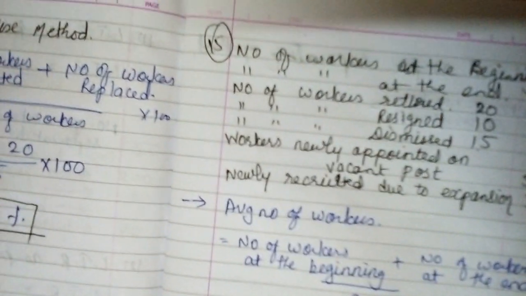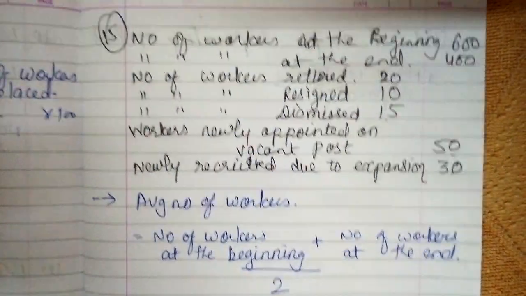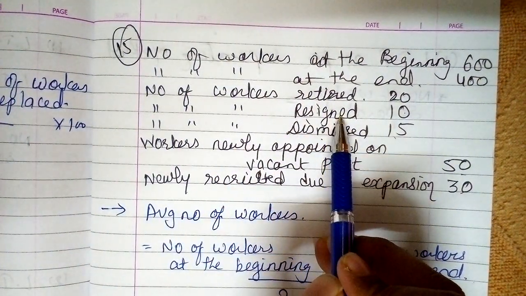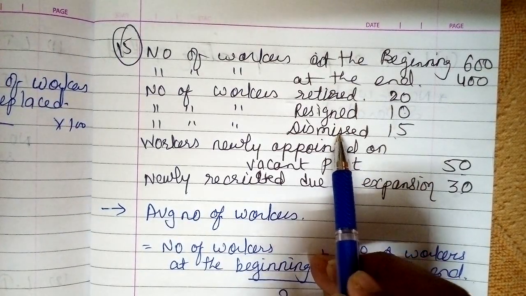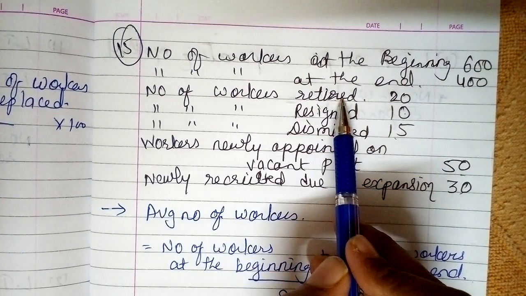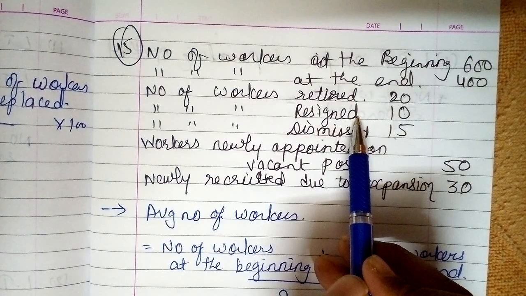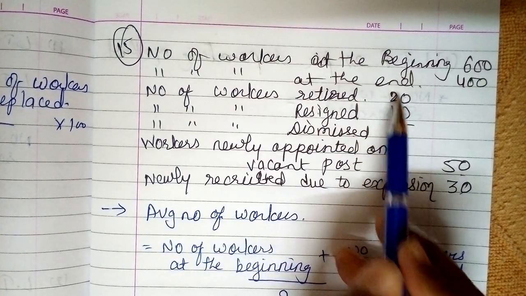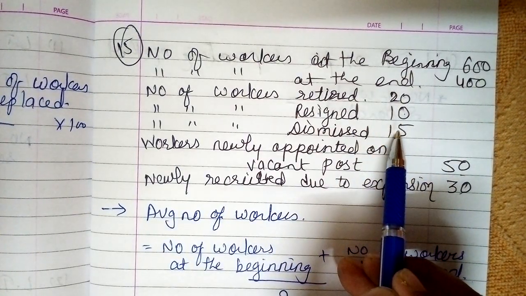So in the example there are 3 ways in which the workers are separated from the firm, that is retired, resigned and dismissed. The worker retired due to age factor, the worker who has resigned by themselves due to any reasons, and the workers are dismissed by the firm. So 3 of them will be the number of workers separated.